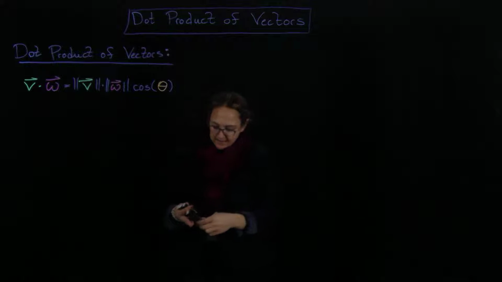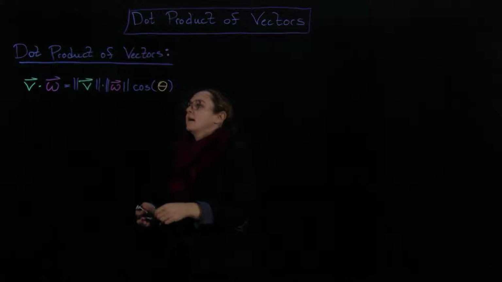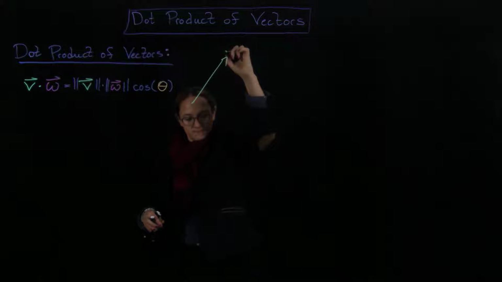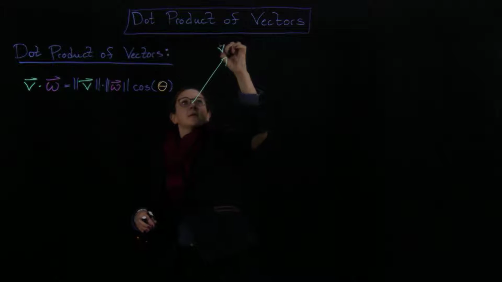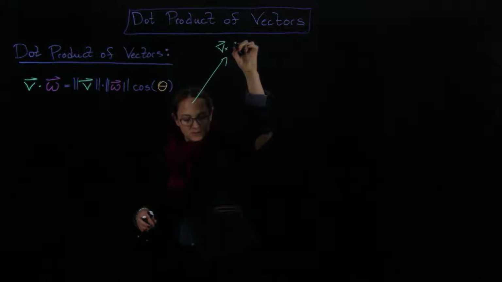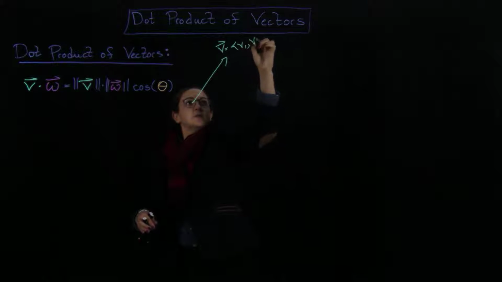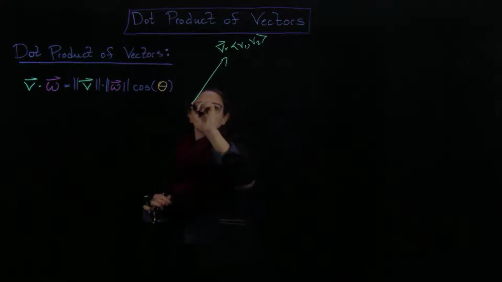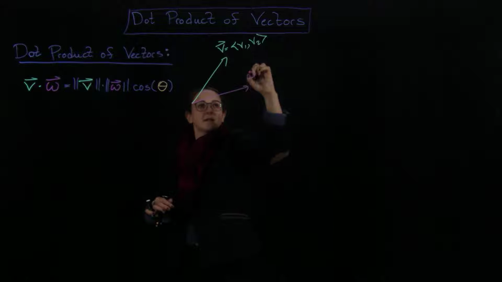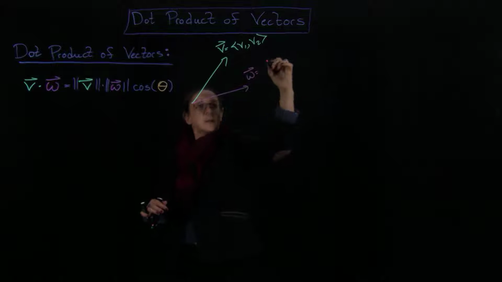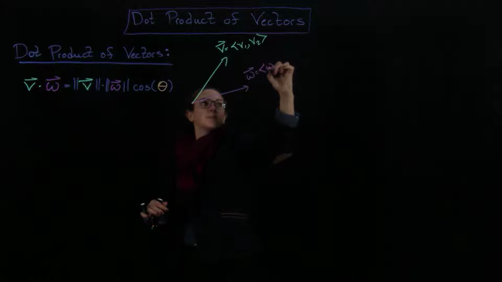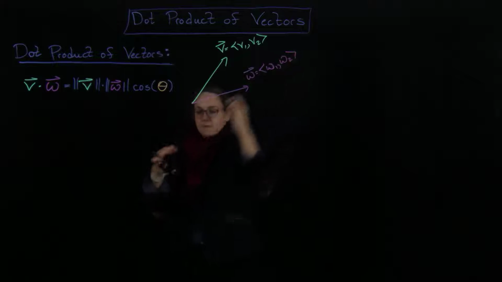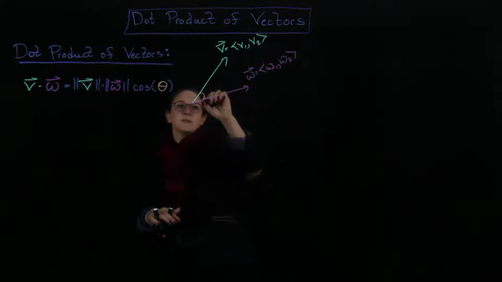What is the picture here? We have this vector v equal to v1, v2, and we have this other vector w equal to w1, w2, and theta is the angle between them.